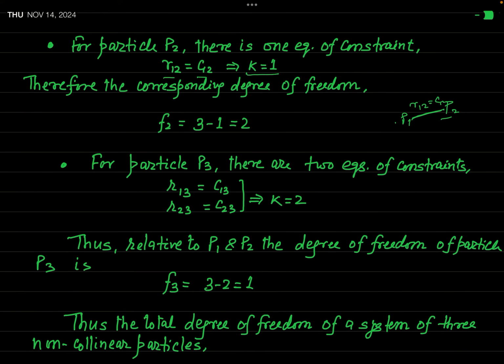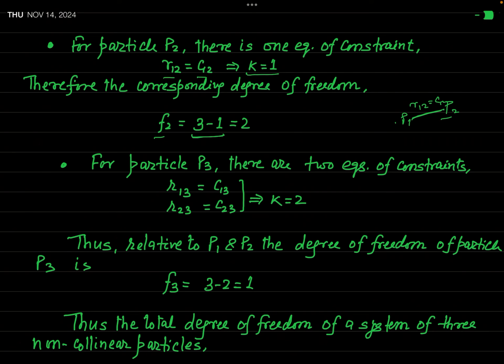So in this condition, relative to particle P1, P2 will have the degree of freedom F2 equal to 3 minus 1, because a particle will have 3 degrees of freedom in the absence of any constraint.